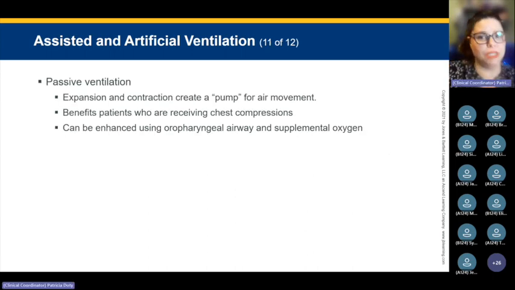And I will tell you this, a little side note for someone who's been in the field for years and has seen this, and I promise you that any of your other instructors can tell you this as well. When you bag someone, that's what we call it when we're using a BVM, and you do that too forcefully and cause gastric distension, first off, you're going to have to go back to the station and change your pants.